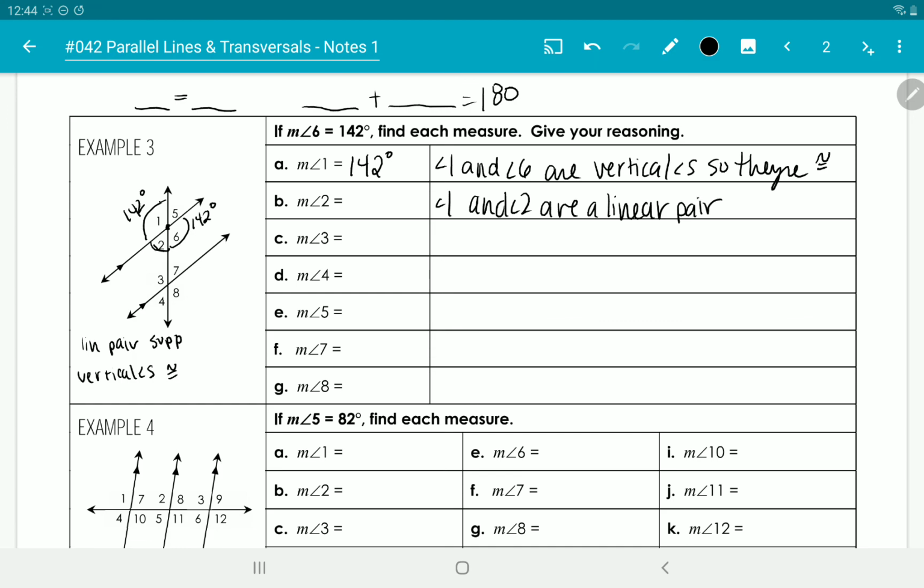If they do not share a side, then they're vertical angles. Okay? So they're going to be supplementary, which means that we're going to take 180 minus the one we know in order to get the answer for the one that we want. So angle 2 is going to be 38 degrees. Okay? Angle 3.